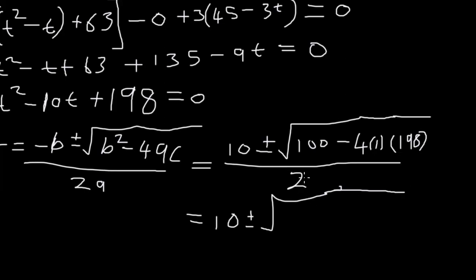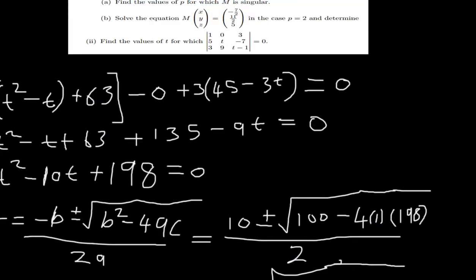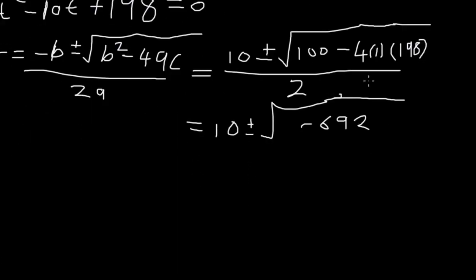So subtract 100 minus 792, you get negative 692, like that. So we proceed. I'm going to have something like this, then over 2.